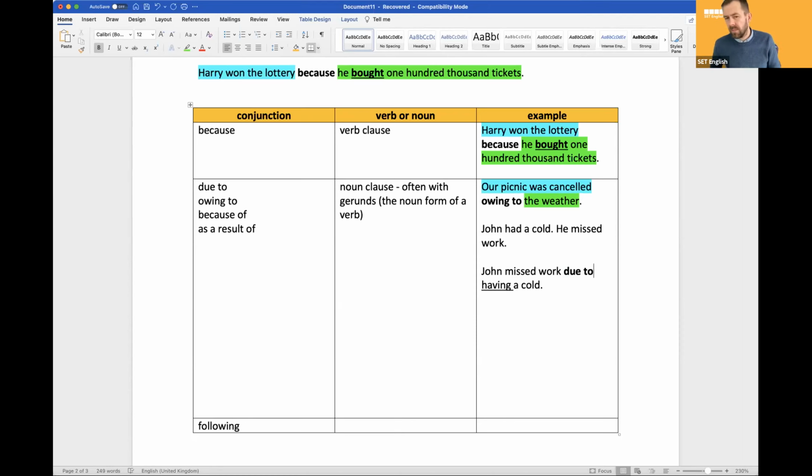That would be my idea. So look at this whole clause. Having a cold, that was the cause. John missed work is the result. Same order. This is a clause. It was him who had a cold. Okay. Because of, as a result of, can go there.